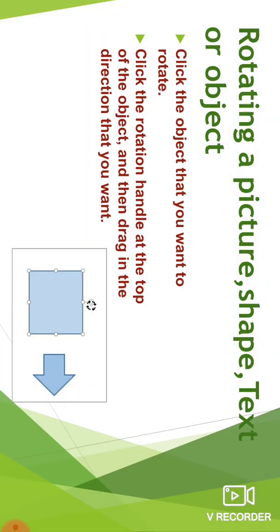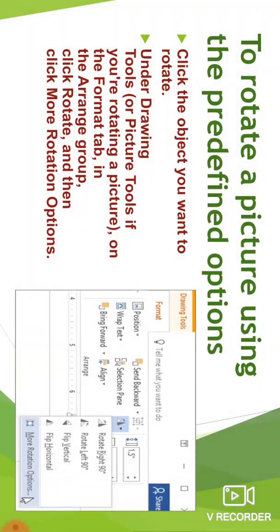In this method, the rotation is not in a fixed direction, not a fixed angle. But if you want to rotate the picture in a predefined option or a fixed angle, you can also rotate your object in a fixed angle. For this, click the object you want to rotate under the drawing tools or picture tools.